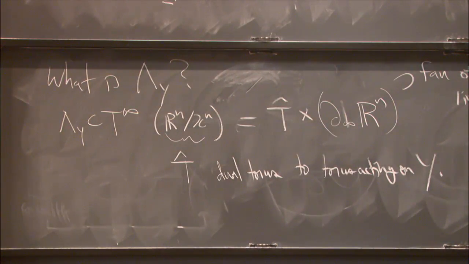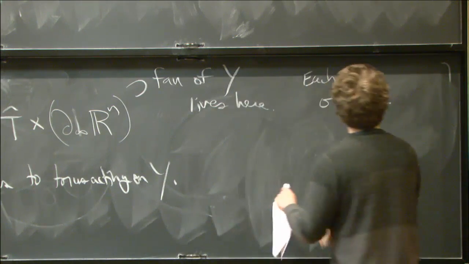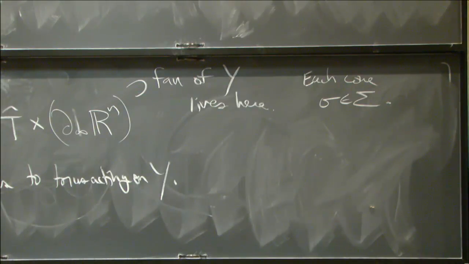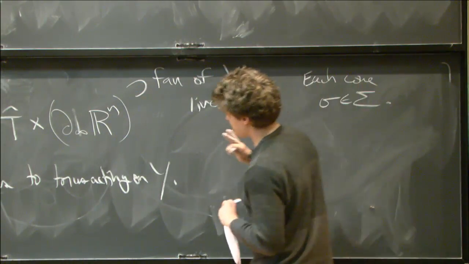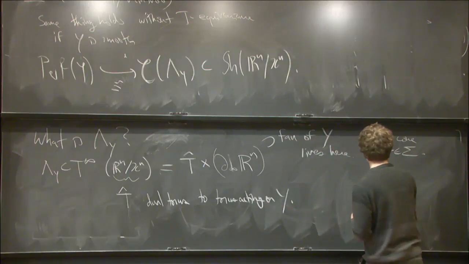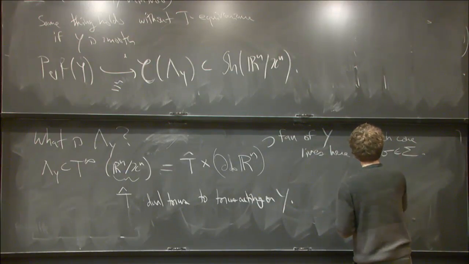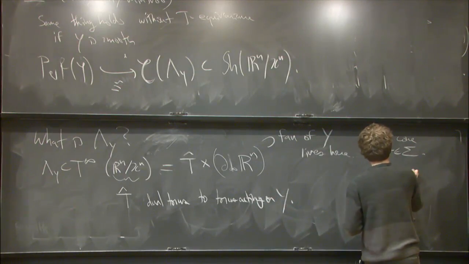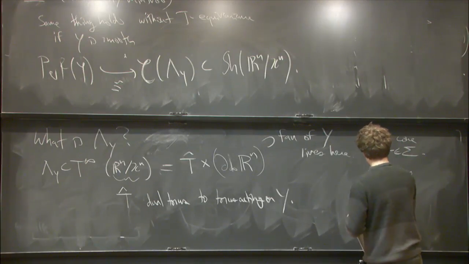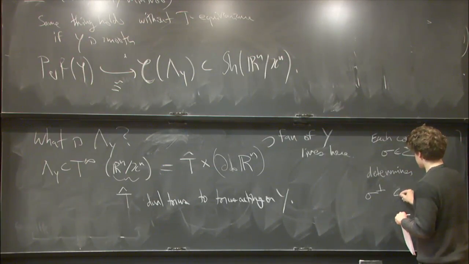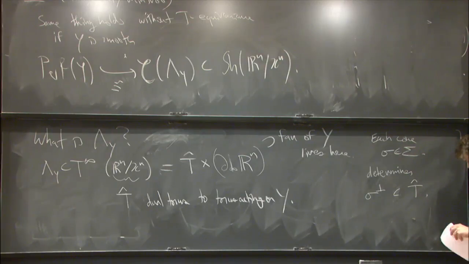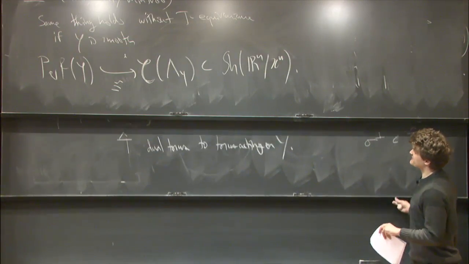So the formula for this lambda y is in terms of that fan. Every cone in the fan associated to y has a corresponding subgroup of T hat, called sigma perp, just a compact subgroup of this compact commutative group.